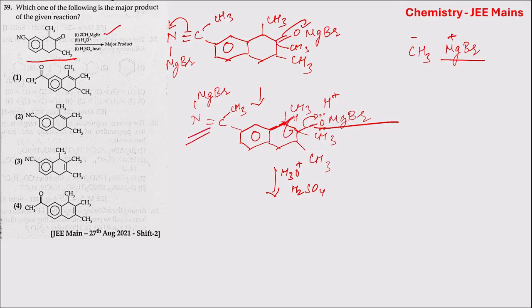This group gets removed with continued hydrolysis and in the presence of H2SO4, and this changes to C double bond O. So the final product which is formed is, here we get CH3, C double bond O, and here it is CH3 and then CH3, here there is pi bond and one more CH3. So the correct option is option 1.